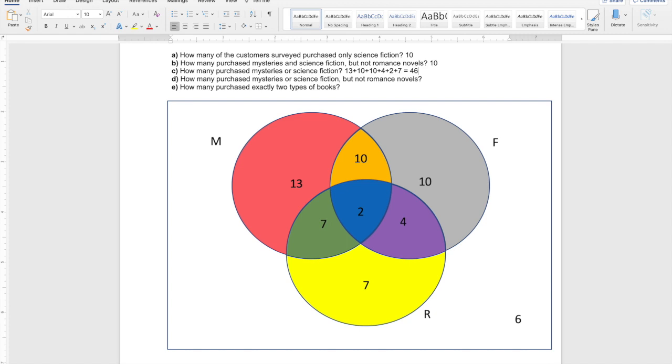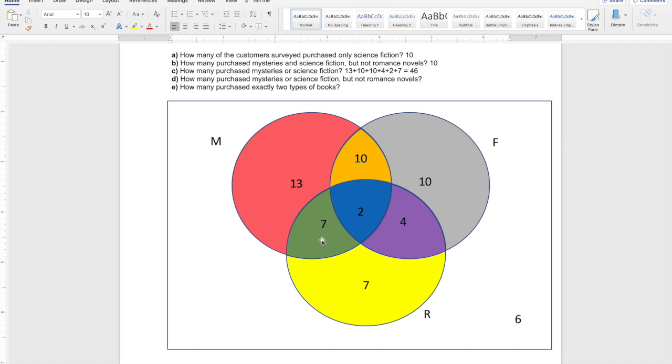Question D. How many purchased mysteries or science fiction but not romance novels? So basically the same idea, but this question is asking us to exclude the people from the 46 that we just calculated that also had romance. So we don't want these people to have romance. So this one only is asking us to add people who only had mystery, people who had both mystery and fiction, or people who only had fiction.